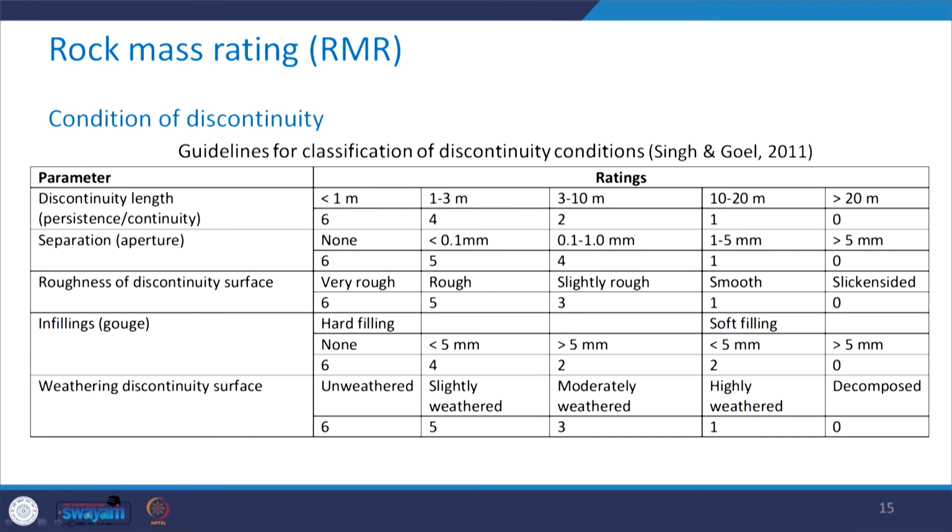Now, in case you have all the details available, say discontinuity length, separation, roughness, infilling, and the weathering status, then you can assign various ratings from this particular table, sum them up and find out the overall rating to be assigned to this parameter, that is condition of discontinuity.